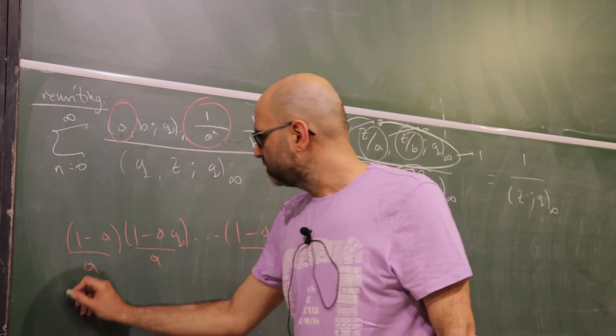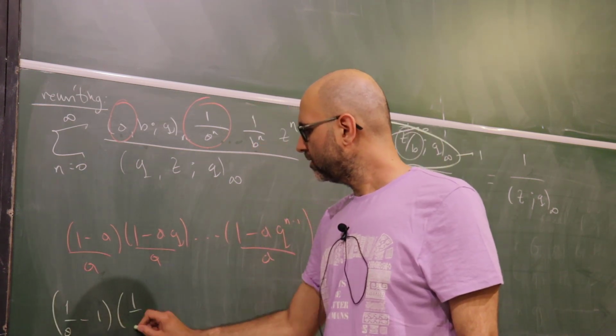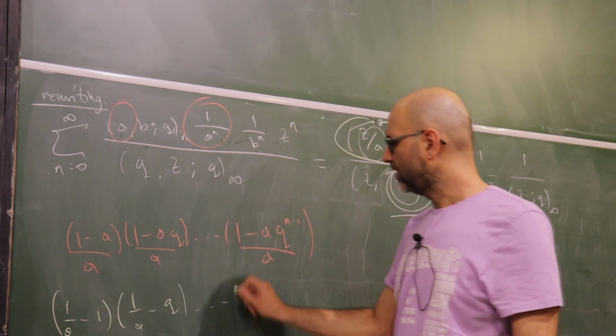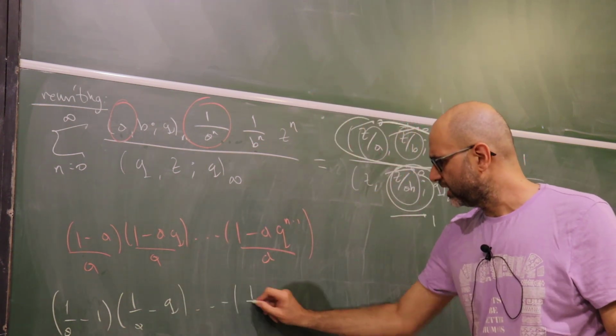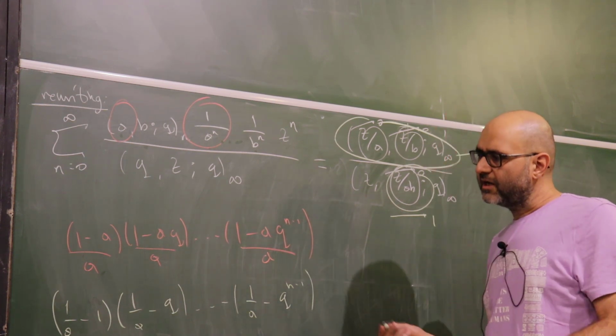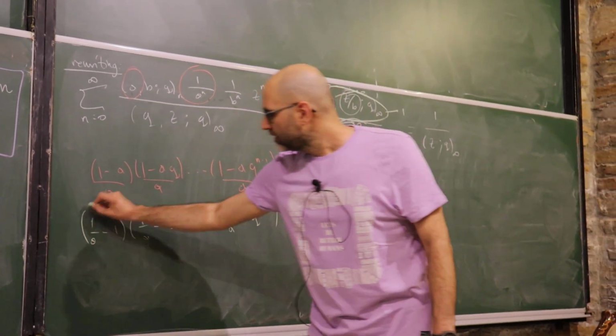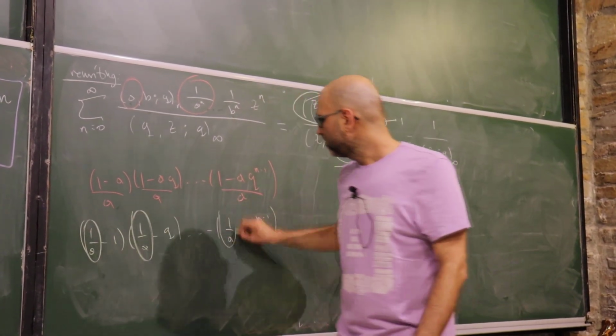And the parentheses become what? 1 over a minus 1, 1 over a minus q. I think we did this yesterday again. Q to n minus 1. Send a to infinity so that all of these guys become zeros.